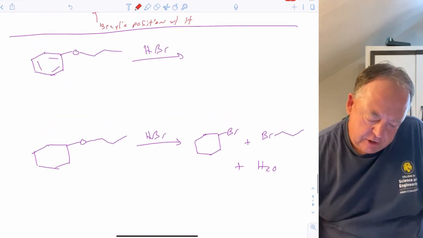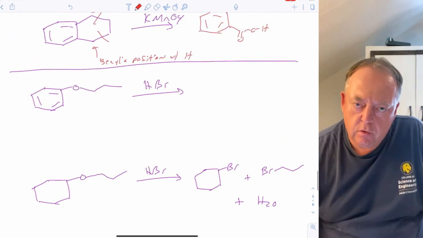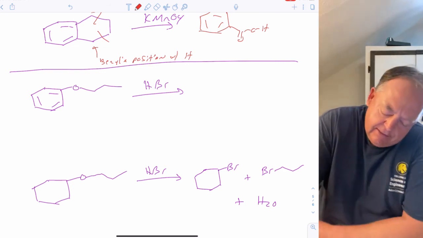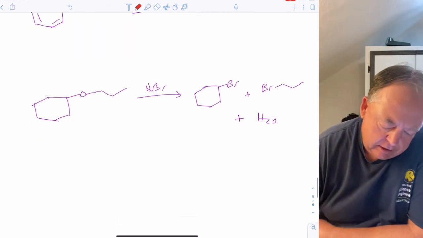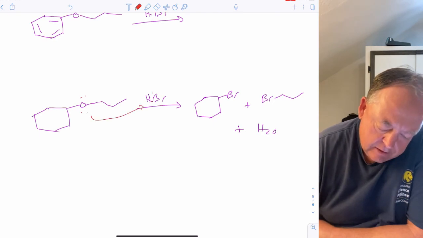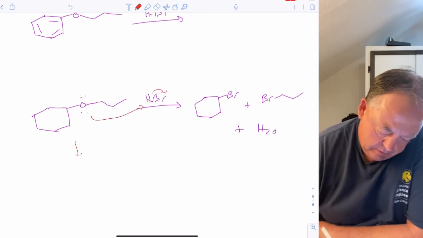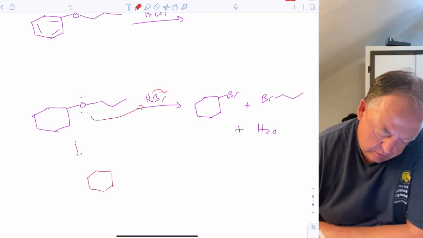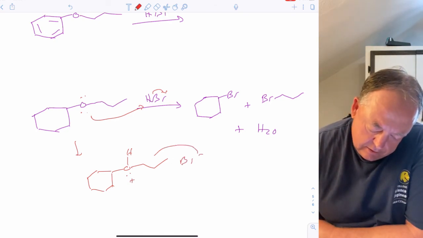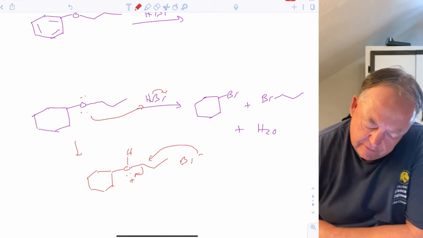Okay, lastly, just to contrast how an ether would react if it's an aromatic ether versus not. So we talked about this back in the ether chapter. So if you remember, an ether with HBr, we'll pick up a hydrogen, and then Br minus can attack, kick that off.